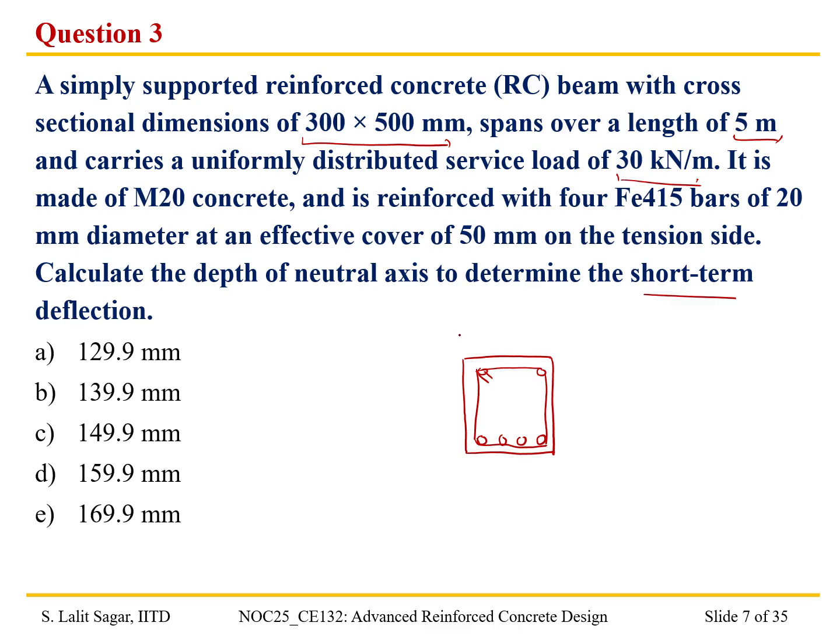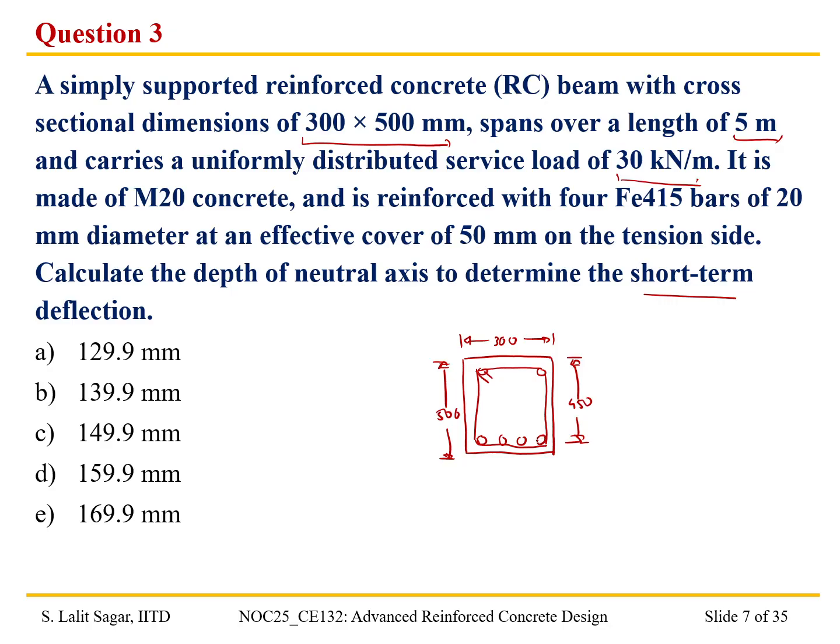And here the width is 300 millimeter, right? And the overall depth is 500. And it is given that the effective depth is 450. That is the distance from the extreme compression fiber to the centroidal axis of the rebar.